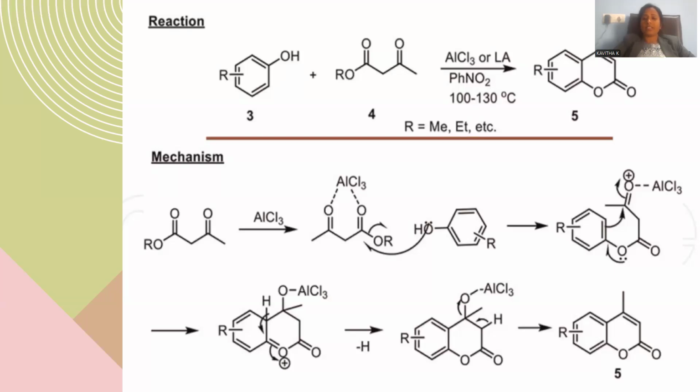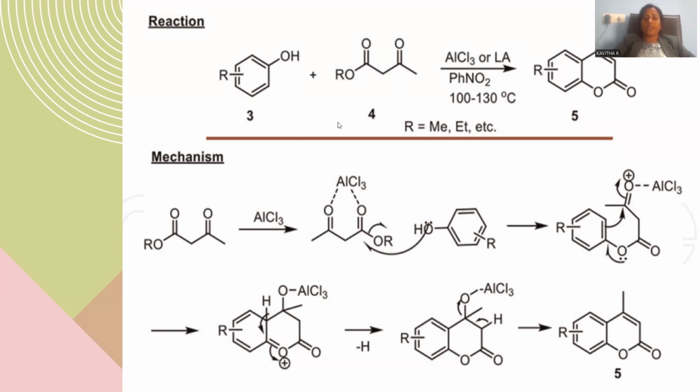We mentioned acid conditions are required, so the Lewis acid AlCl3, aluminum trichloride, is added, so that phenol is able to react with this beta ketoester, giving rise to 4-methyl coumarin as a final product. The alkyl group might be methyl, ethyl, any kind of alkyl; that depends upon your requirement.